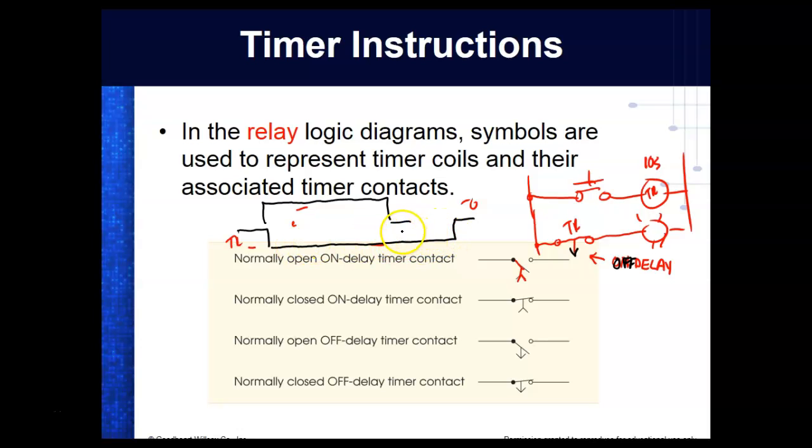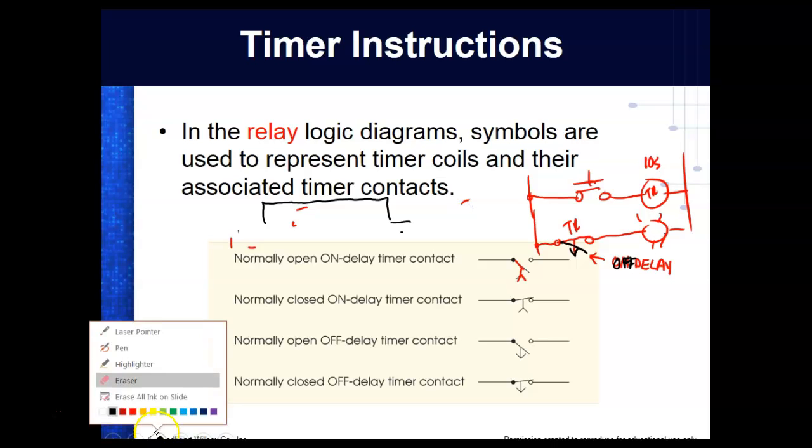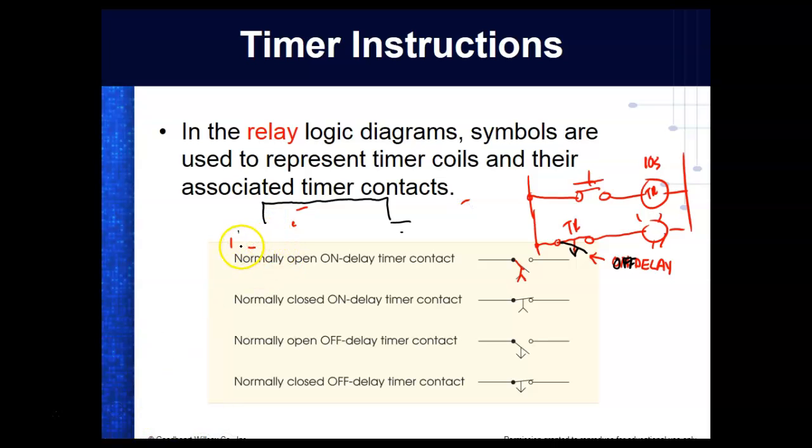So its time occurs where? At the end. Now if I change this to a normally open, then the diagram would look like this. I'll leave the top the same. And the contact would change states instantly.